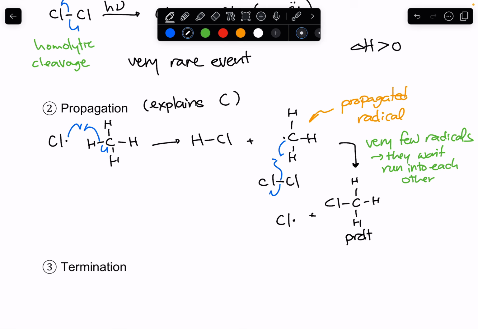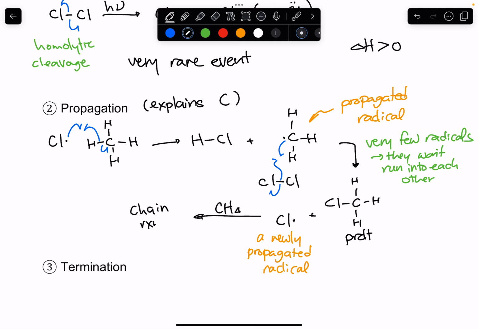And then you have the further propagated chlorine radical. Right, and then this is gonna react just like earlier over here with another methane molecule and whatnot. So this is what we mean by chain reaction. Continues until you run out of methanes and chlorine molecules.